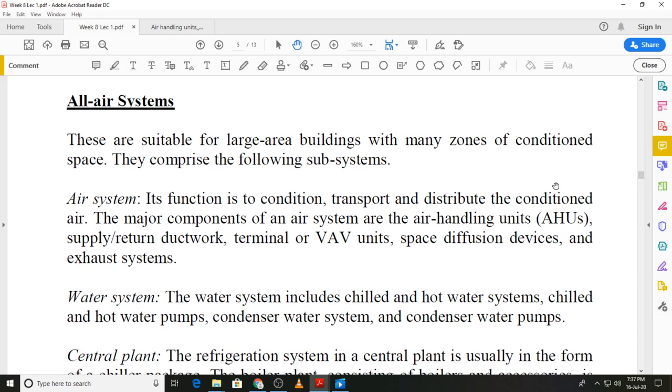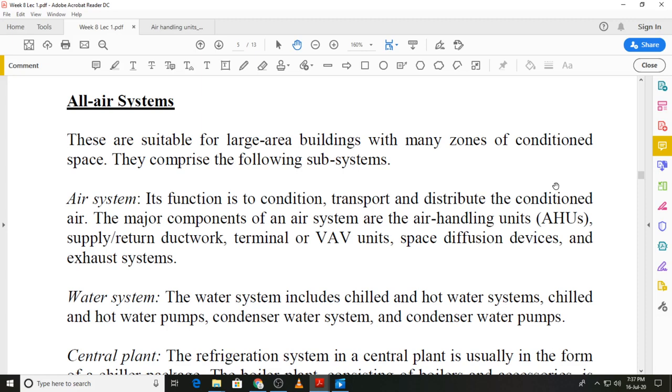And the all air system will have subsystems, one of which is the air system. Remember, we are using air as the only medium which is used to condition the space, and the components of an air system include the air handling units, the duct work for supplying the air and returning the air from the conditioned space or spaces, and there are various terminals or VAV units.